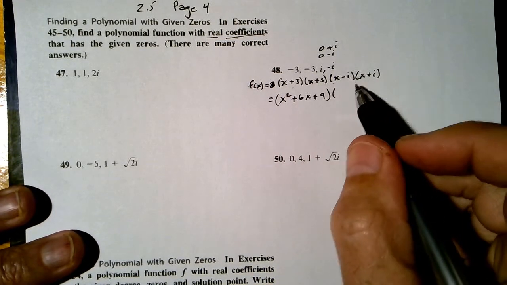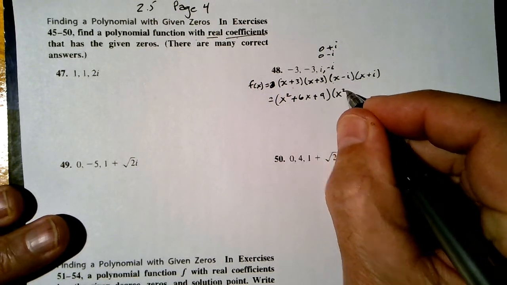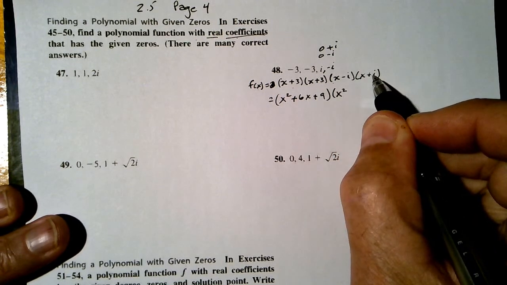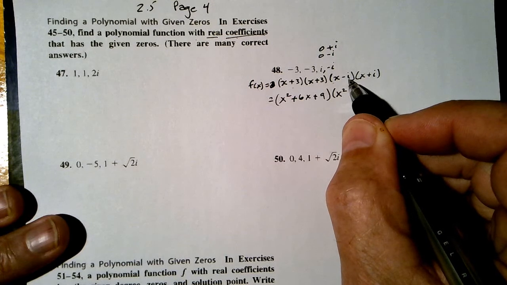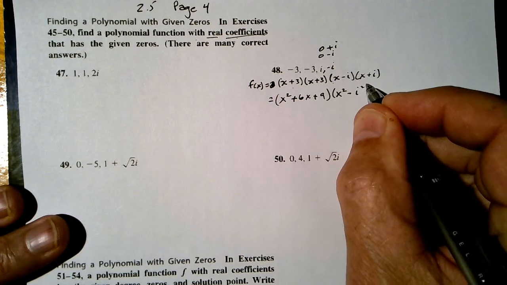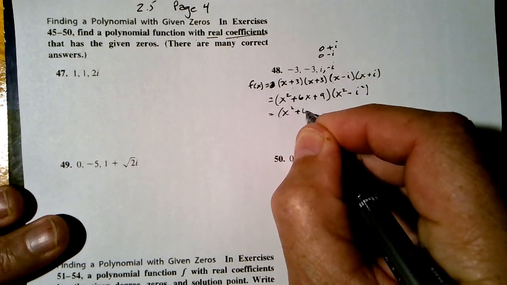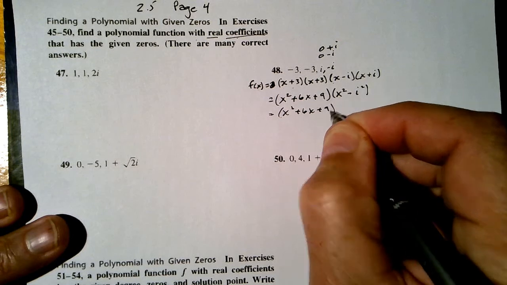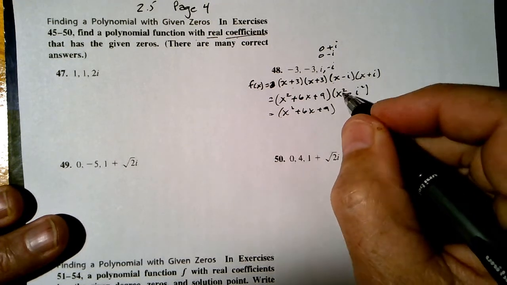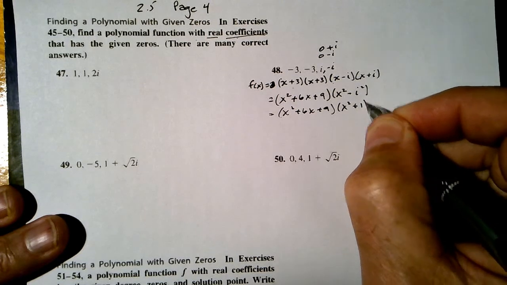When we FOIL this, the conjugate works really well for us. We get x squared, we get plus xi but minus xi, and that's the magic. And then we get minus i squared, but that becomes x squared minus -1, x squared plus 1.